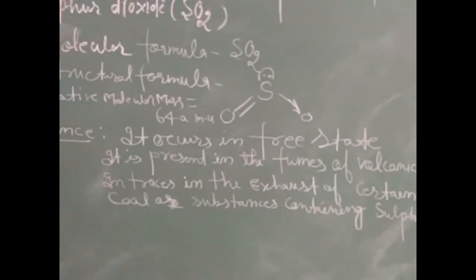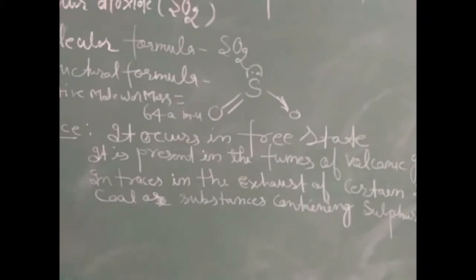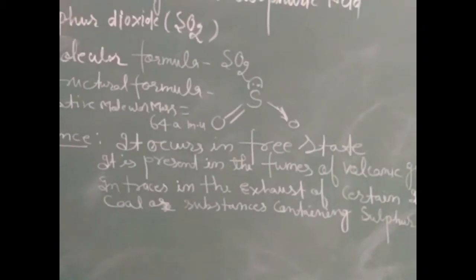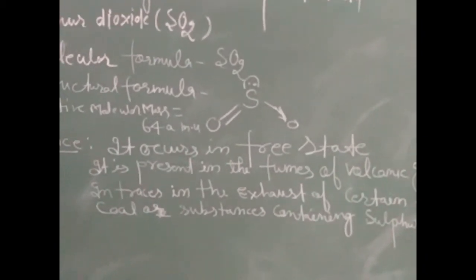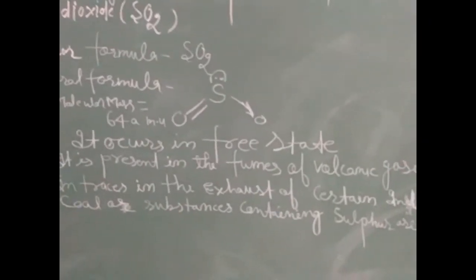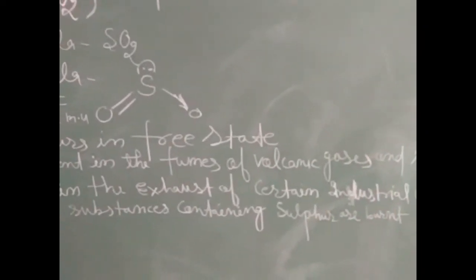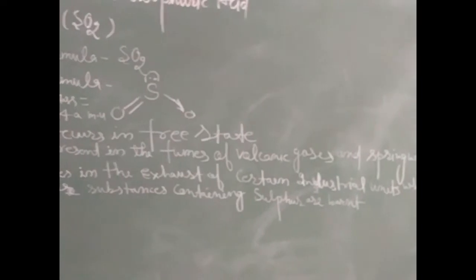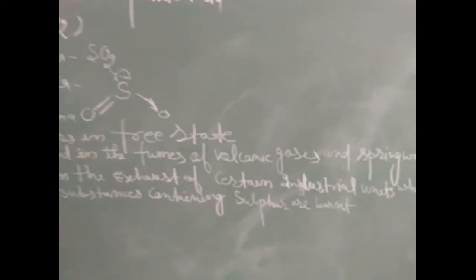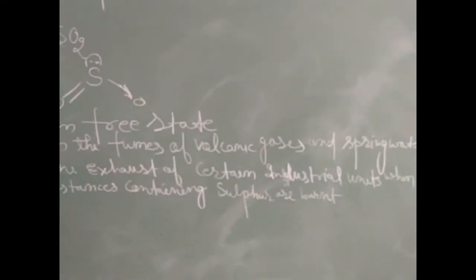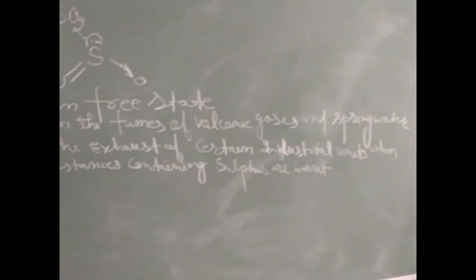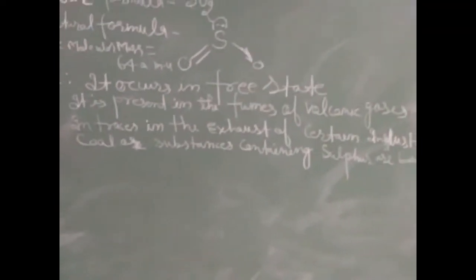In traces, meaning in small quantity, sulfur dioxide is found in the exhaust of certain industrial units when coal or substances containing sulfur are burnt.